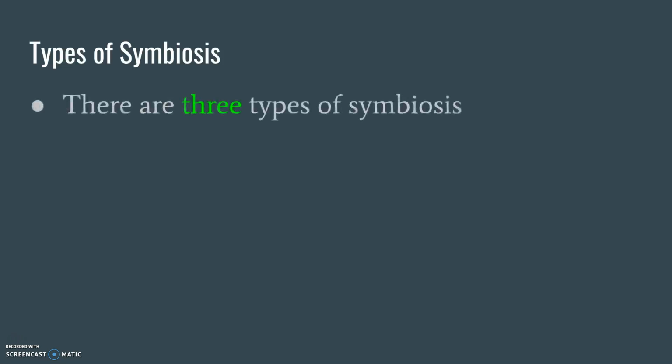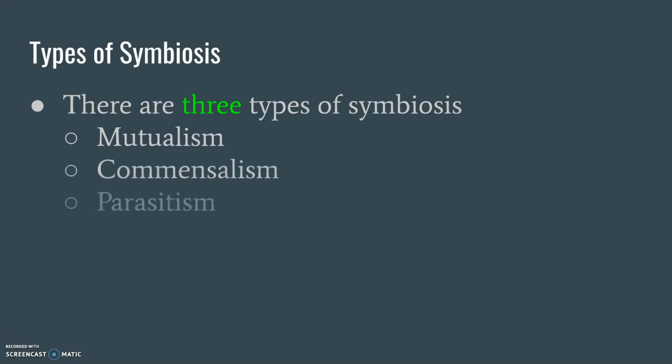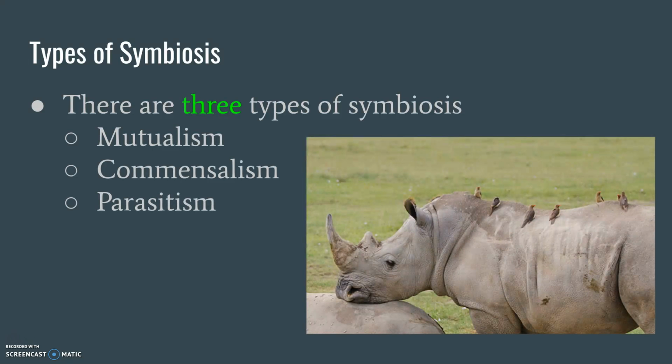There are three types of symbiosis that we need to know about, and this is not written down on your notes. I broke it up a little differently on yours. Mutualism, commensalism, parasitism. This example here is commensalism, and I will go back and talk about this picture later on.